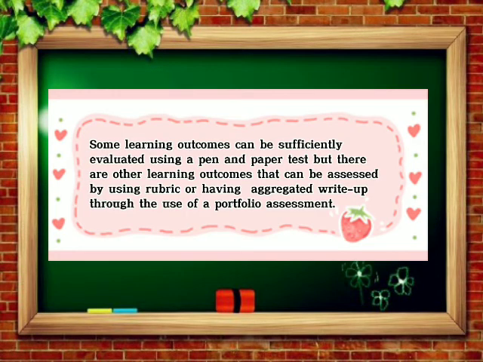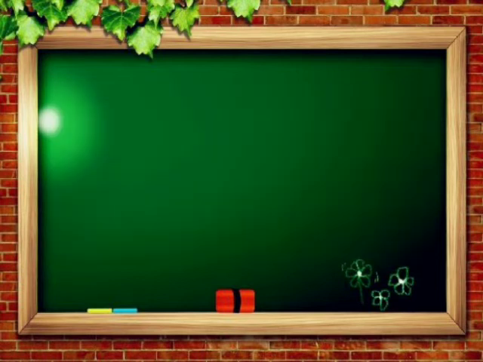Some learning outcomes can be sufficiently evaluated using a pen and paper test, but there are other learning outcomes that can be assessed by using a rubric or having an aggregated write-up through the use of a portfolio assessment. The teacher decides which is appropriate for the intention of the evaluative activity.